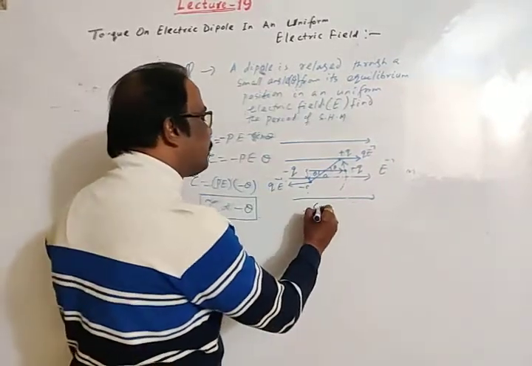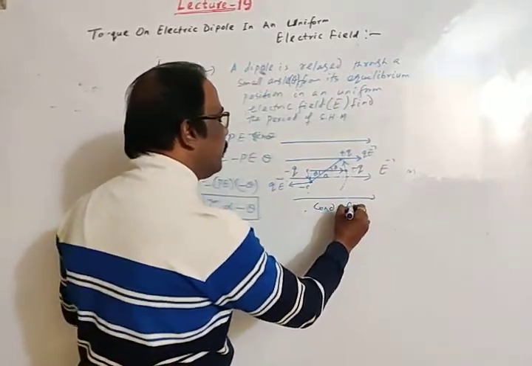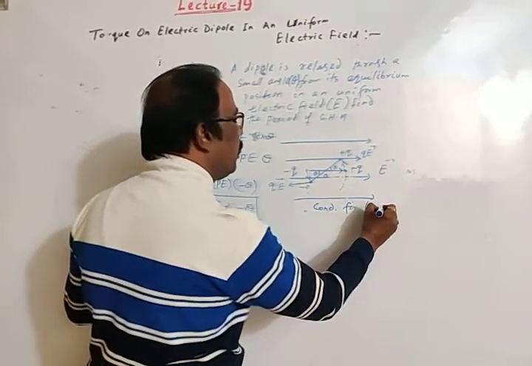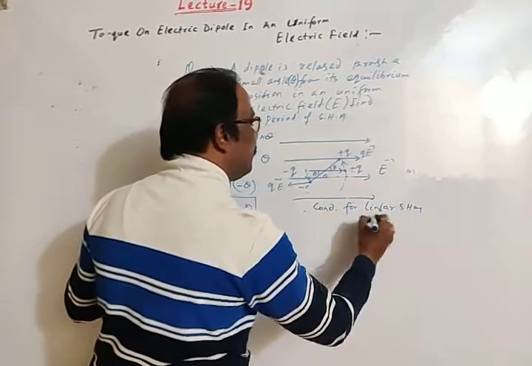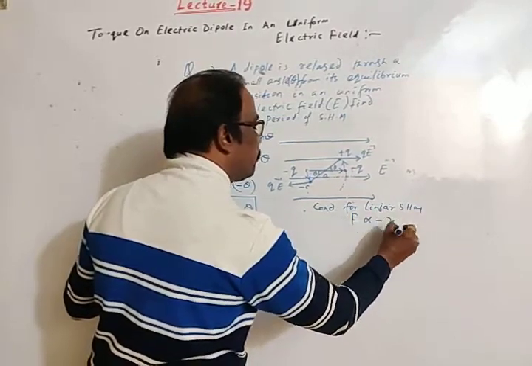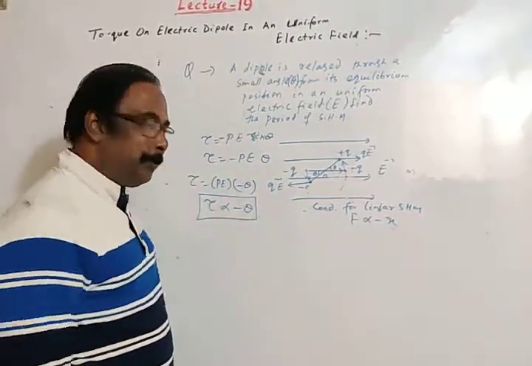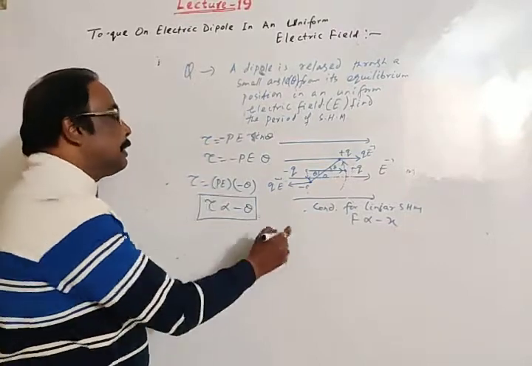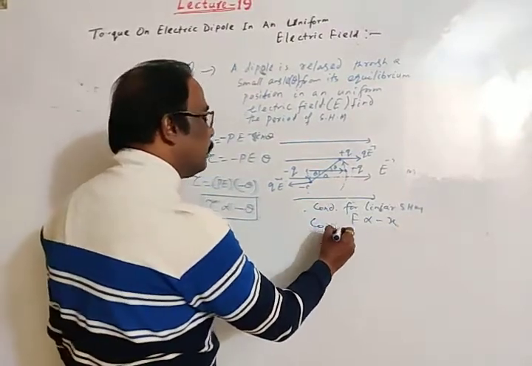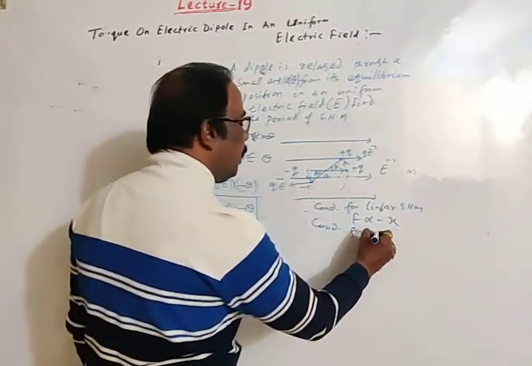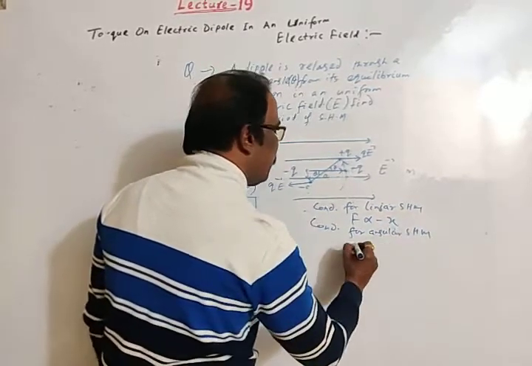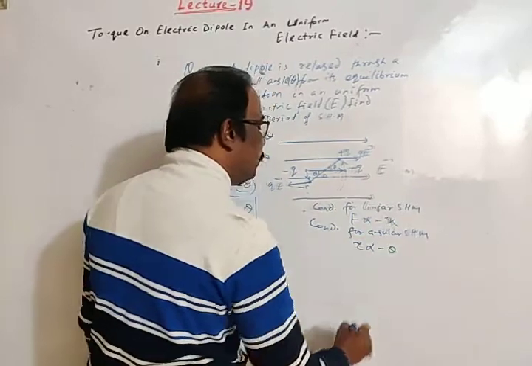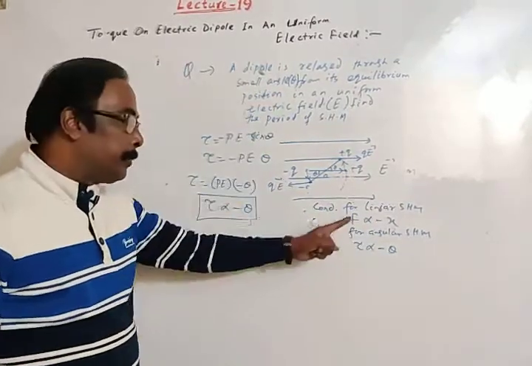Condition for linear SHM: force proportional to minus x, where x is linear displacement. Condition for angular SHM: torque proportional to the negative of angular displacement.